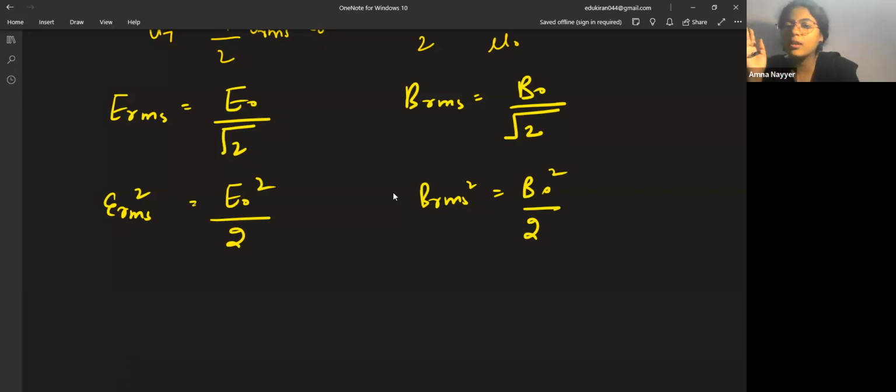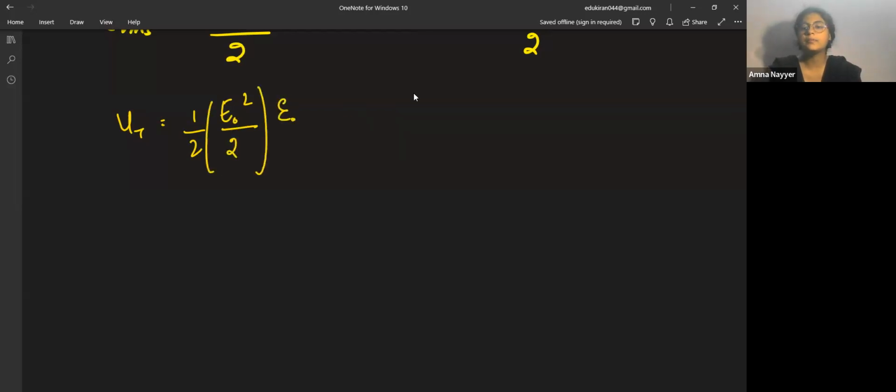So let us put in the values of ERMS and BRMS in terms of their peak values. This will become half, so ERMS square becomes E naught square divided by 2, into epsilon naught, plus half BRMS square, so instead of BRMS square you put B naught square divided by 2, divided by mu naught.